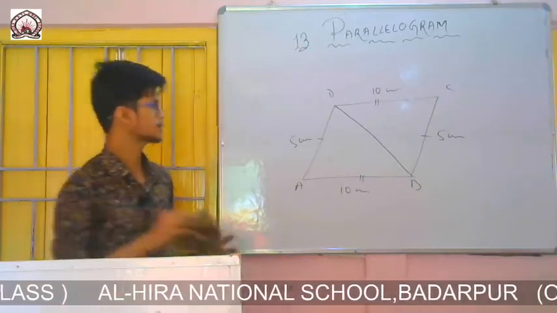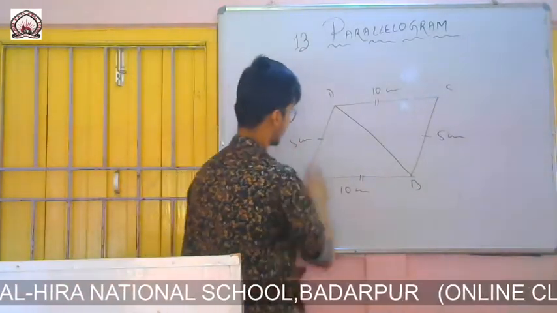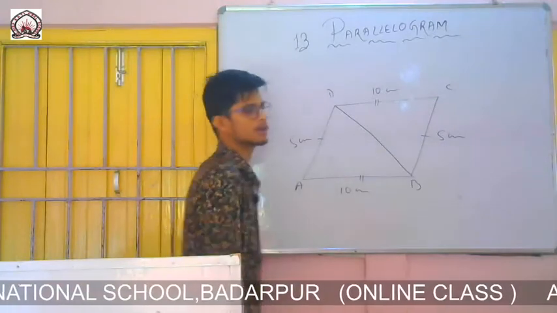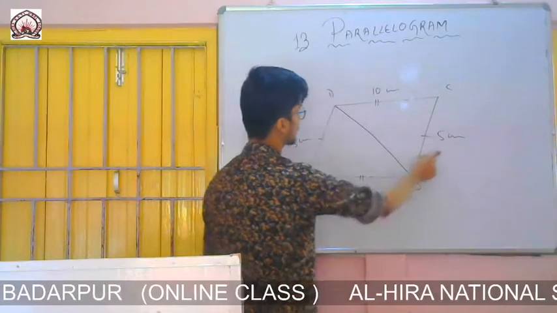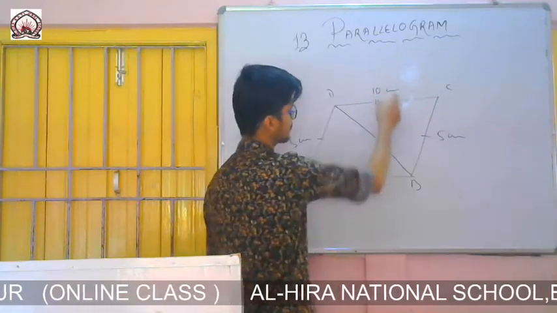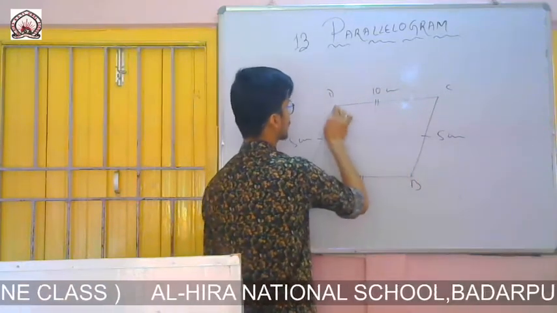It is a very important point. The opposite sides of a parallelogram are equal. If this one is 5 centimeter, this one will also be 5. If this is 10, then this one will also be 10. That means they will be of equal length.